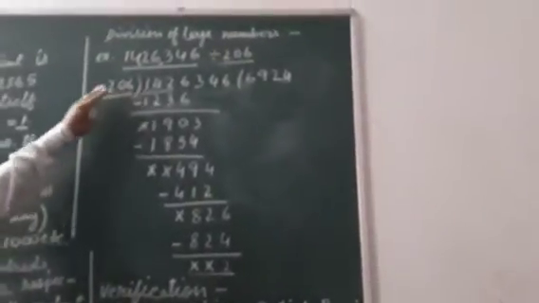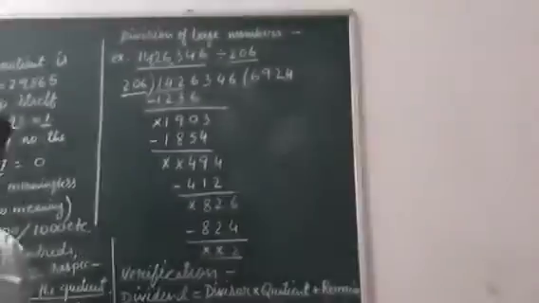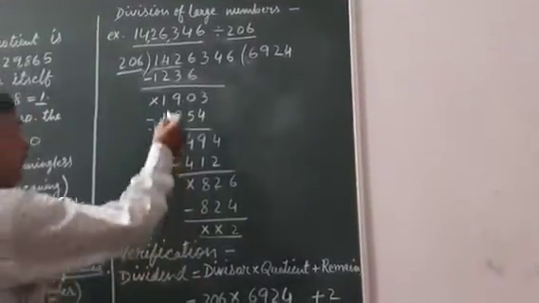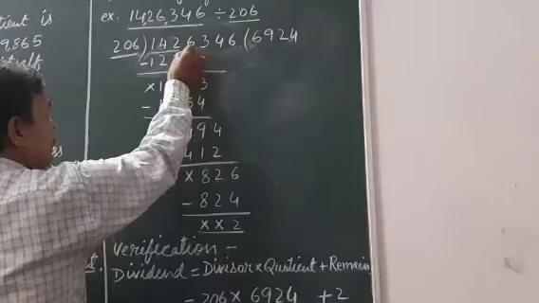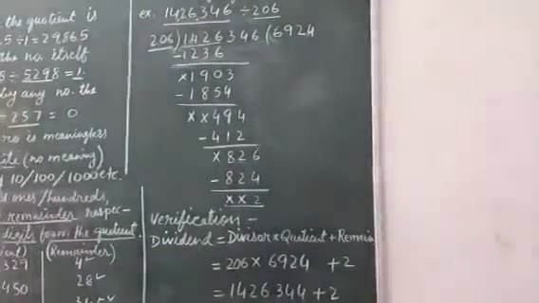We will divide a bigger number by a smaller number. Compare 206 and 142. The number to be divided is smaller than the divisor, so we cannot divide. Now what will we do? We will include one more digit. Now the number formed is 1426, which is bigger than the divisor 206.